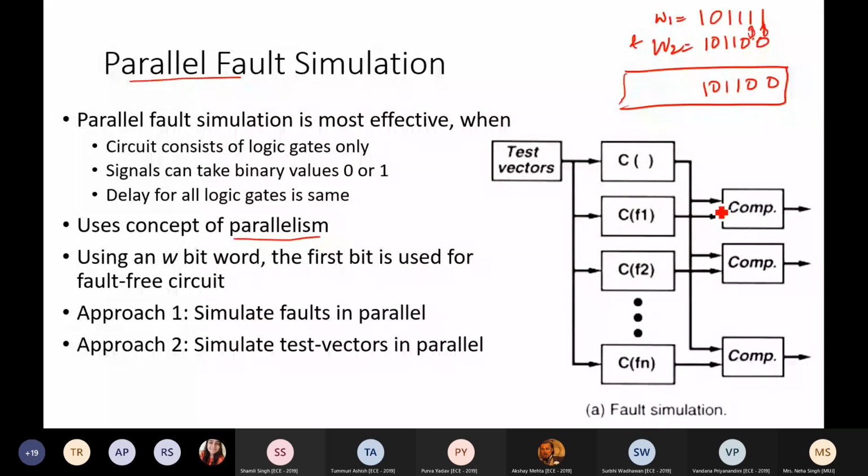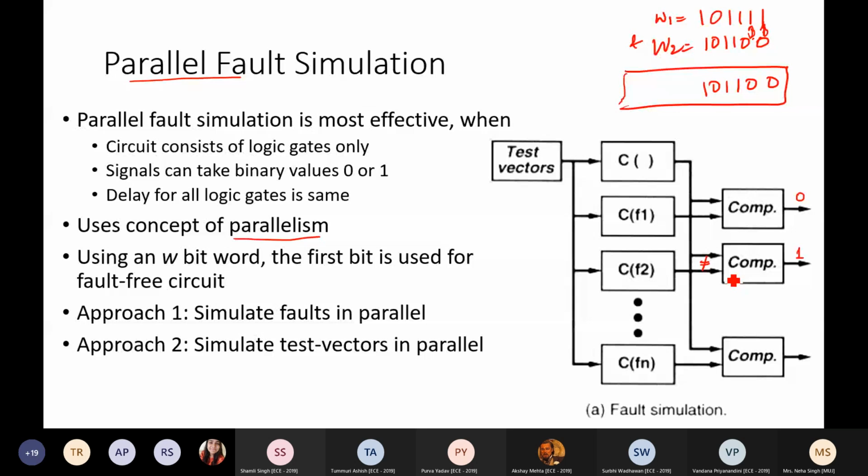If the two are same, the fault is not detected. We say the output of the comparator is 0, that the fault F1 is not detected. But if these two values are not equal, the output of the comparator says 1, which means that the fault is detected. ठीक है?